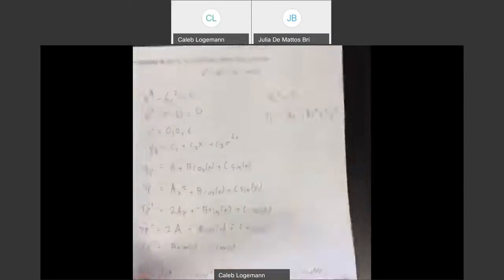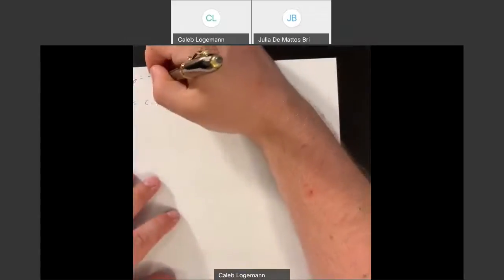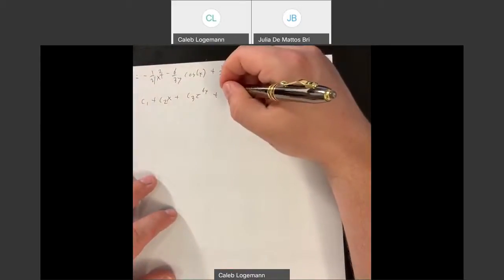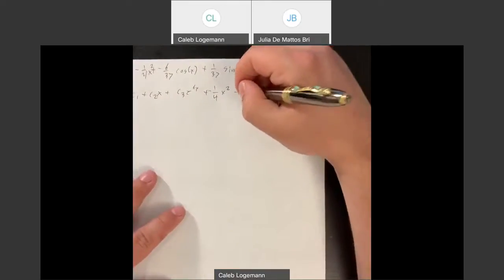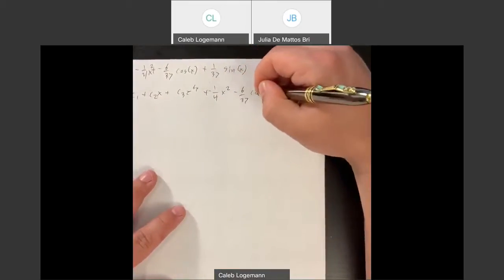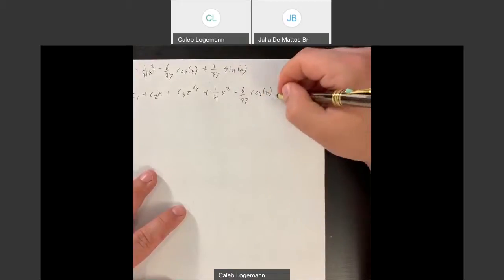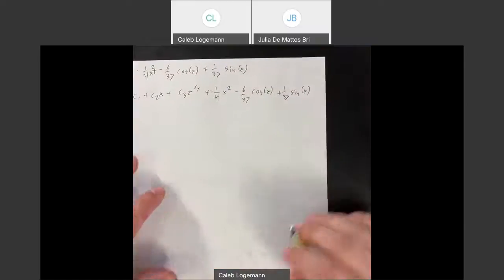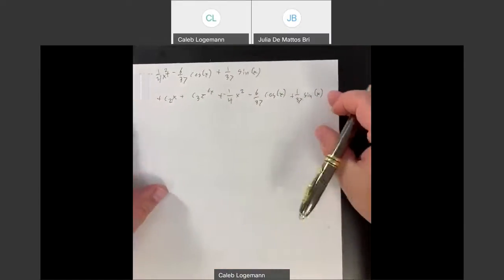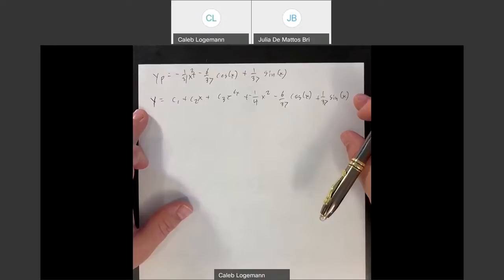So minus a quarter x squared, minus 6 37ths cosine of x plus 1 37th sine. So that would be the full solution of that differential equation right there.